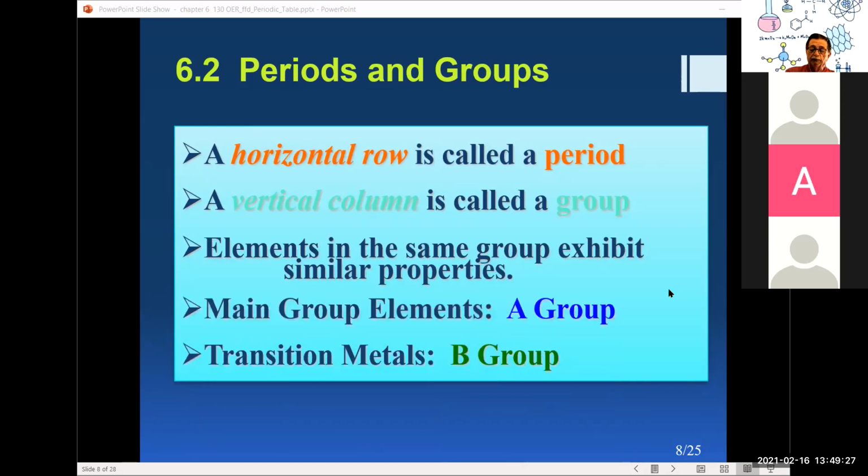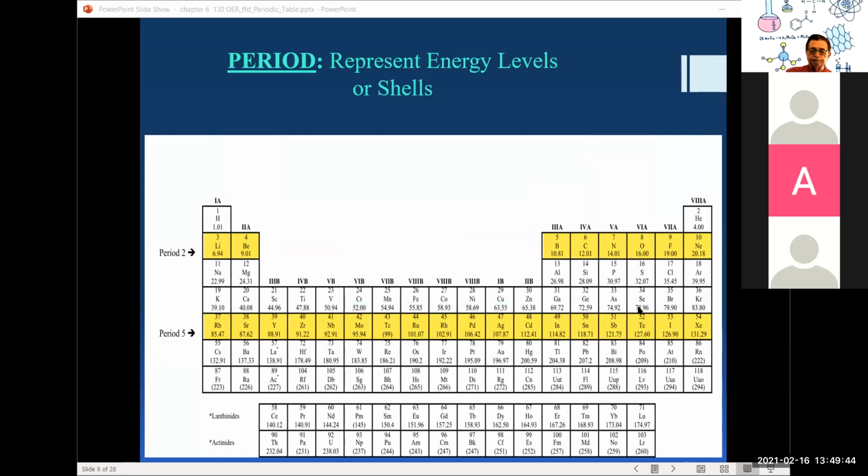And the ones with the Roman numeral A, 1A to 8A, those are called the main group elements. And then the ones in the inside that have the B lettering are what we call the transition metals.